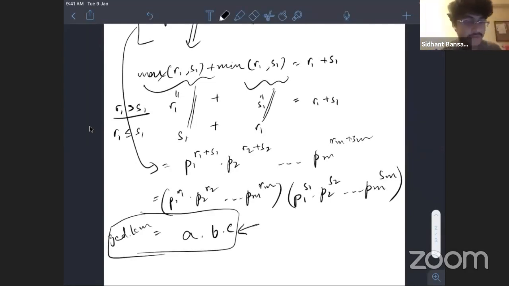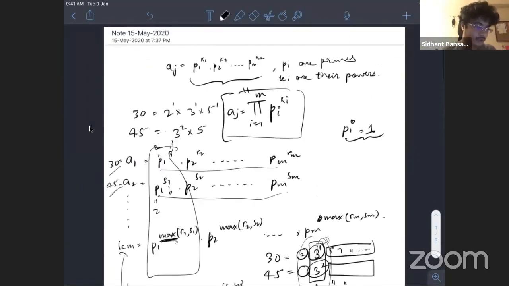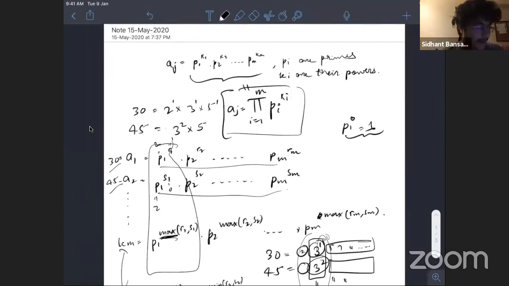I hope everyone gets the broad idea. The proof is really not relevant. The intuition is that maxes and mins work for LCM and GCD, and how we were able to solve the LCM problem by looking at the prime factorization of the number rather than the number itself.